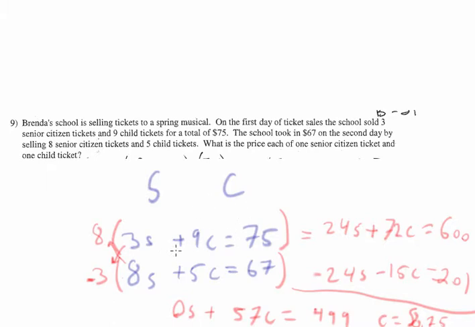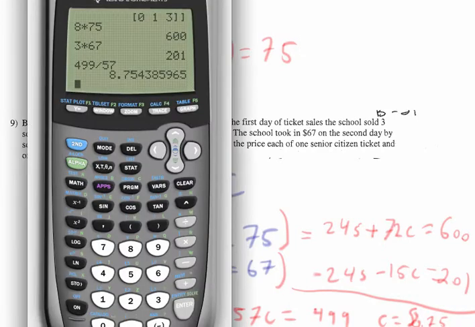And now if a kid's ticket is 8.75, well then I know that, we'll do this up here, 3 senior tickets plus 9 kids tickets at 8.75 each. Here's 75 bucks. So the 9 times the 8.75. Can't be.